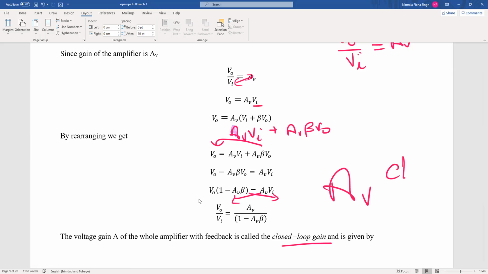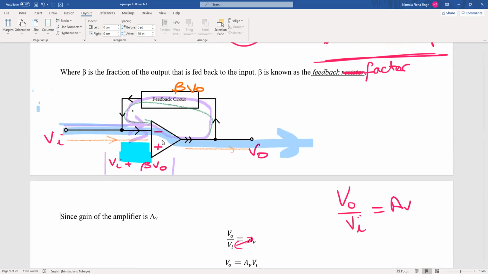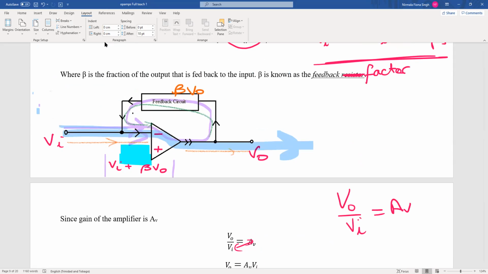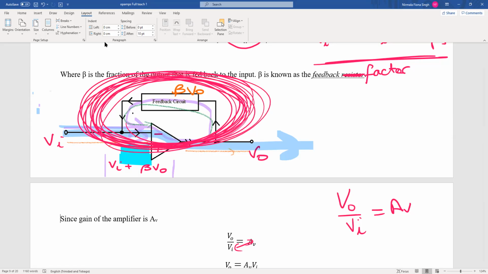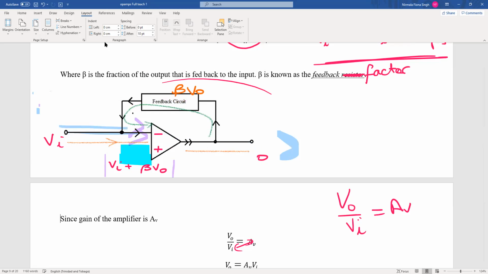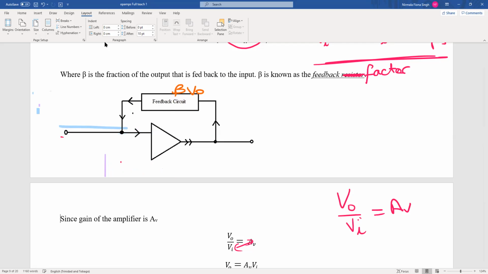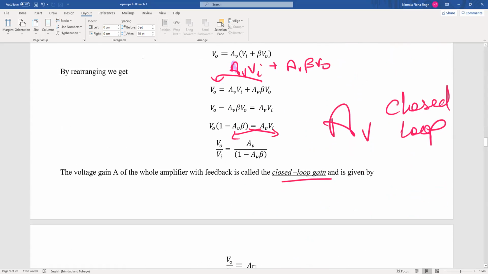AV is called closed loop gain, and we can see why that was a closed loop, because our voltages just get stuck in a loop. As long as this thing is operating, we're going to have voltage being constantly fed back into our circuit. So that is why we call this a closed loop gain, because it is a closed loop.